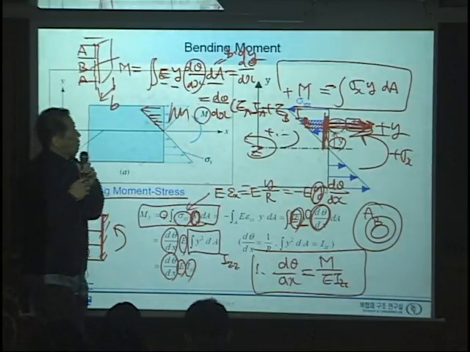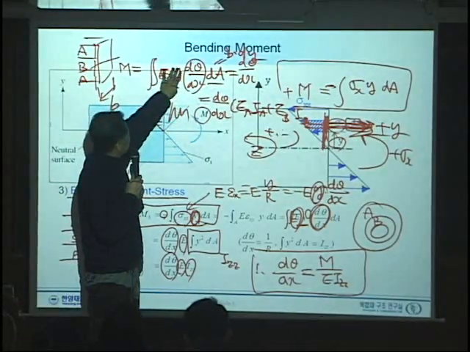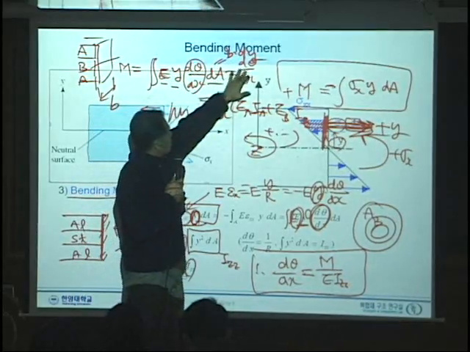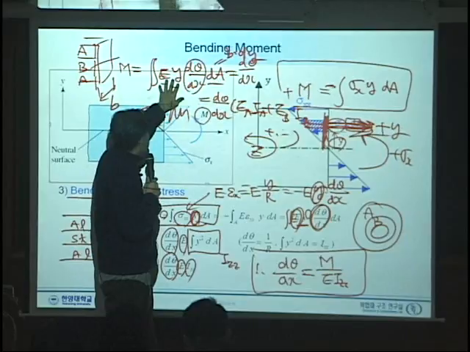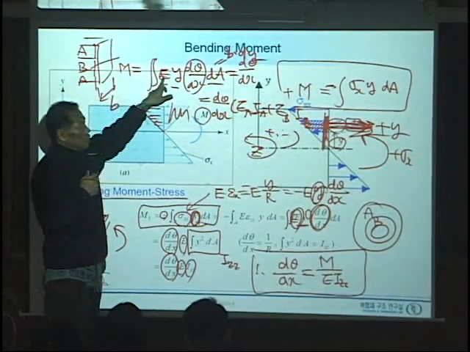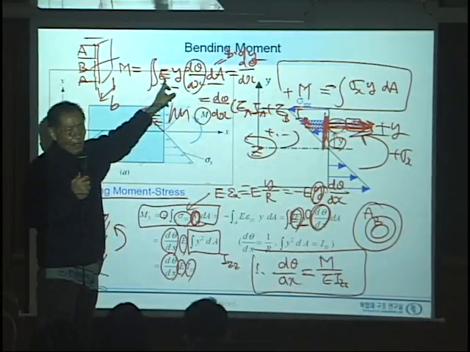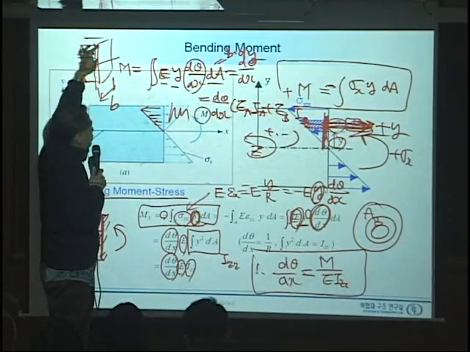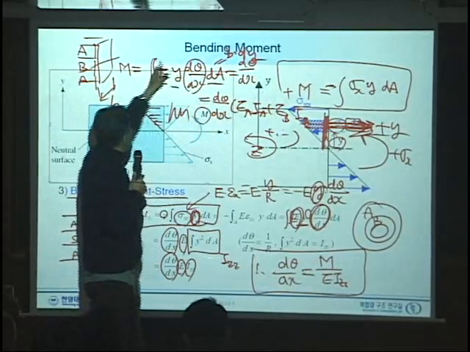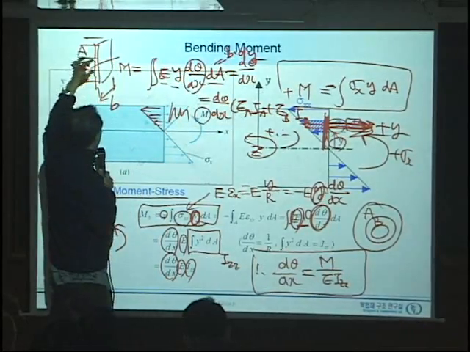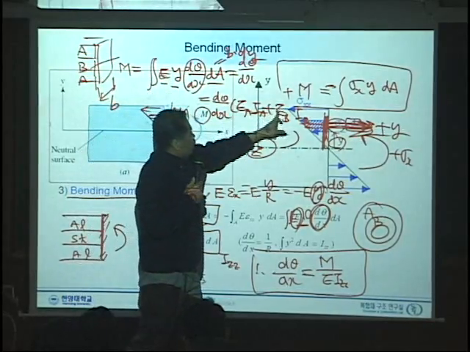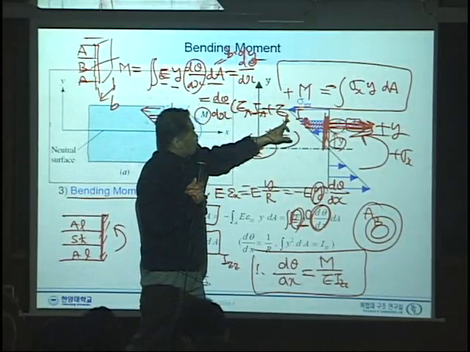Again, when you integrate this part, E times Y dA, dA is B times dy. Within this part, the material property E is a constant. So you integrate only this part, with E constant, from here to there, and then here you integrate again, and in that case E is again constant.